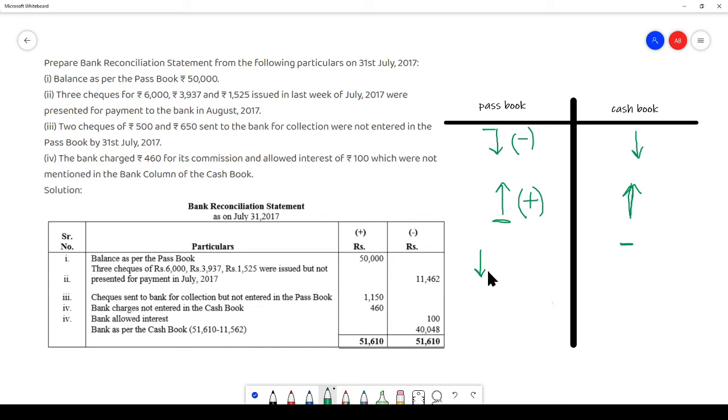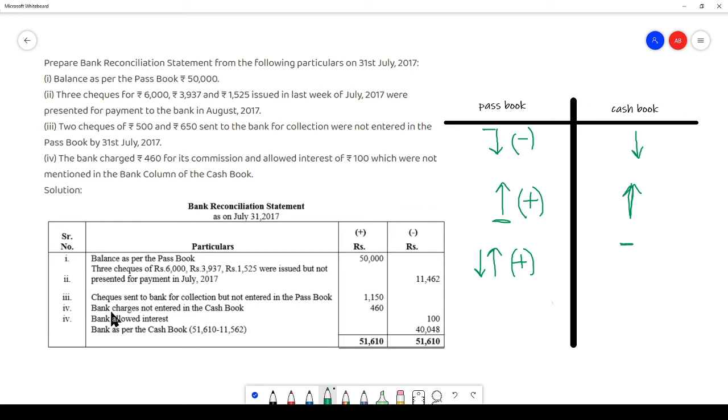Now I'm doing the problem starting with the balance as per passbook. So I need to move my passbook balance towards my cash book. In order to make my passbook balance equal to my cash book, I need to move up. So moving up means to add. So I'm going to add this amount of 460 to my balance as per passbook.